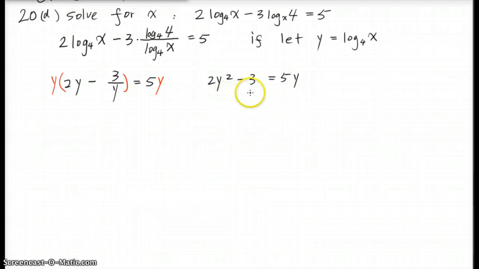Now it looks like a quadratic equation. You just need to clean up. So we put a 2y squared and move the 5y into here, and then negative 3.